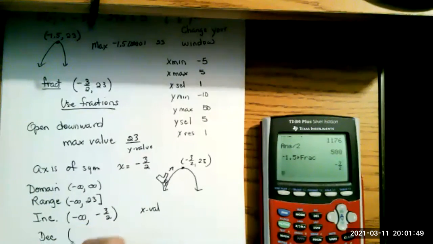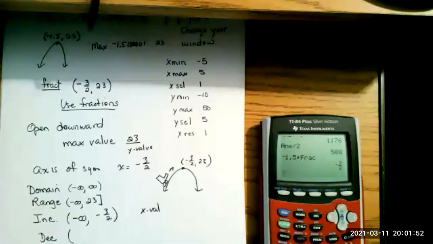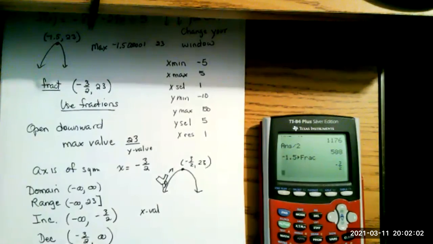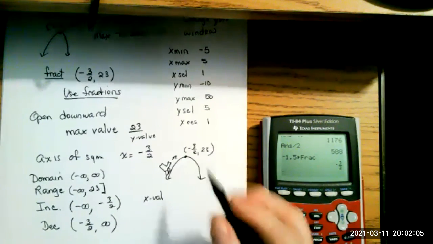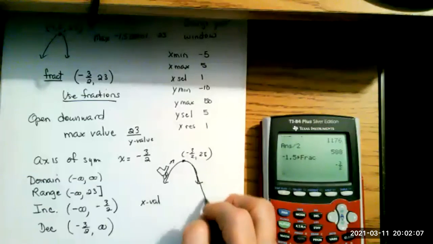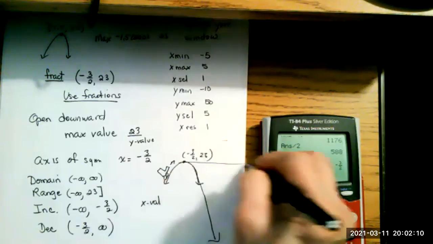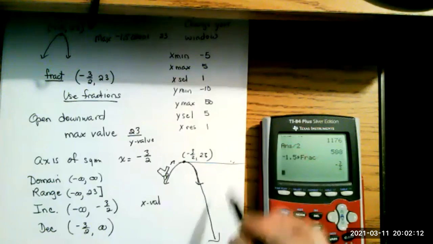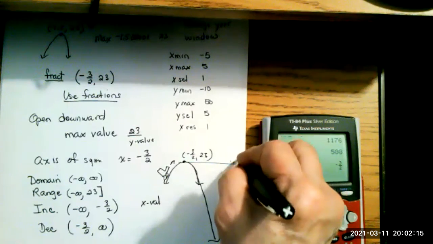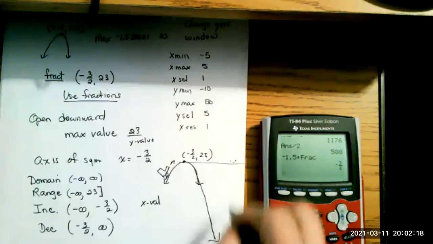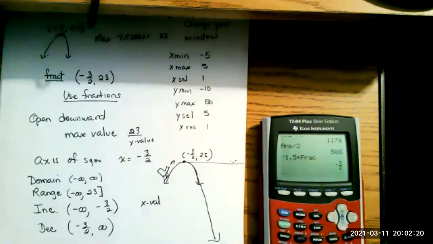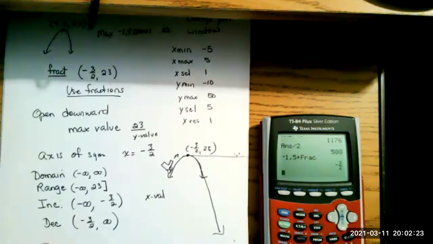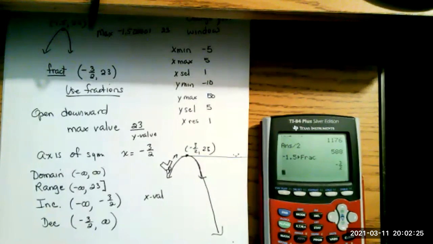What's decreasing? Okay. And remember, that's positive infinity because even though this is going down, the x value over here is getting larger. So this would be like positive 20, negative 14 or whatever. But these numbers this way are getting larger. That's why it's positive infinity over here on the decreasing side.